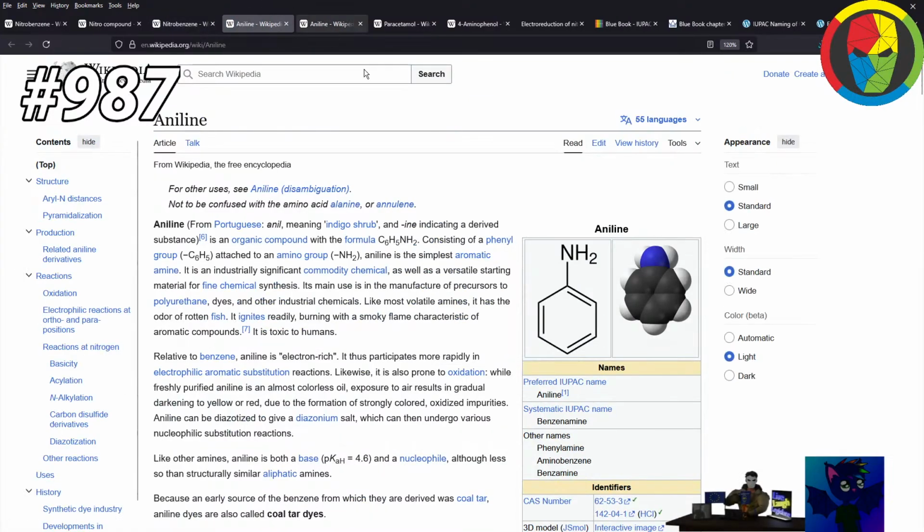Actually, aniline is quite curious, because maybe we could go with aniline instead of electrolyzing. I mean, electrolysis of nitrobenzene would have been quite fun.